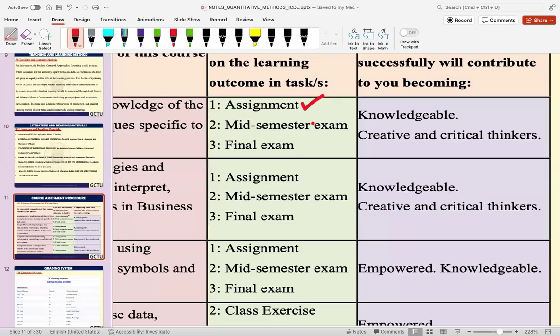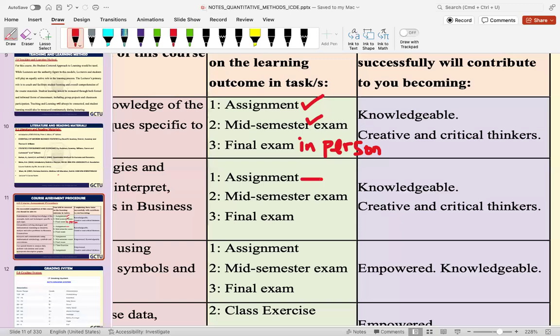And then the mid-semester also will be mounted in the LMS for you to do for another mark. But the final examination will be in person. If things do not change, you may have to come and write the final exam in the school in person.